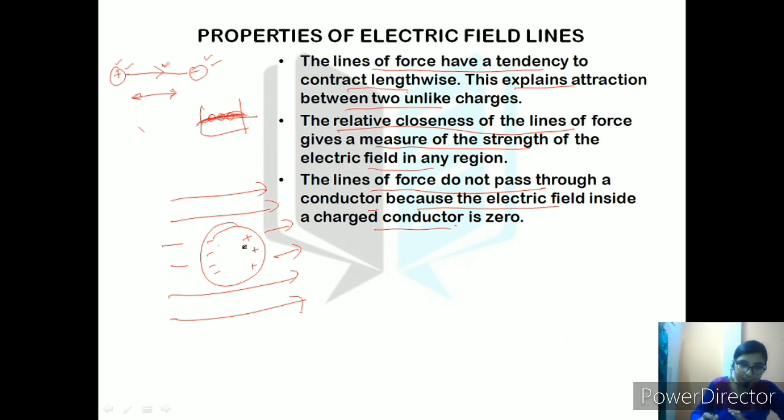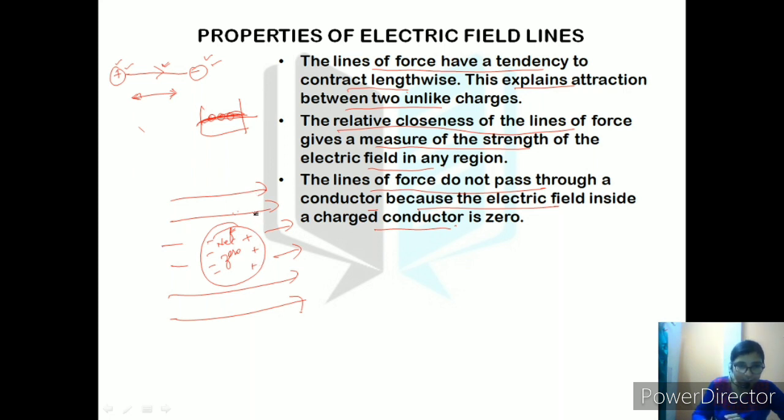Now inside, even though the charges are separated, they will nullify the effect of the electric field which is passing through it. That means the net electric field inside it will be 0, because there is redistribution of the charges inside the conductor when it is placed in the electric field.